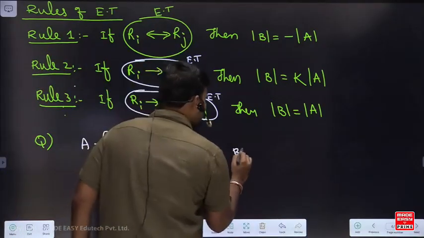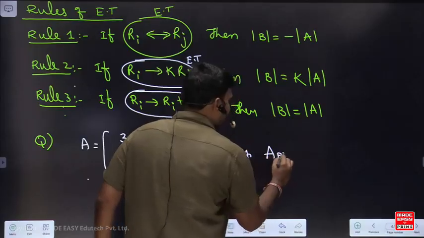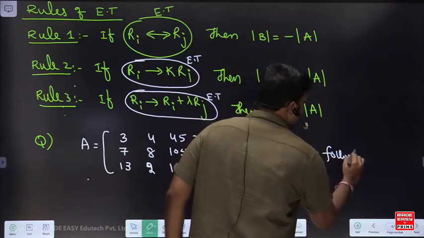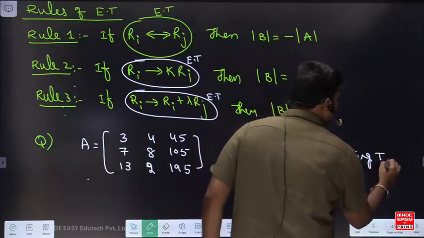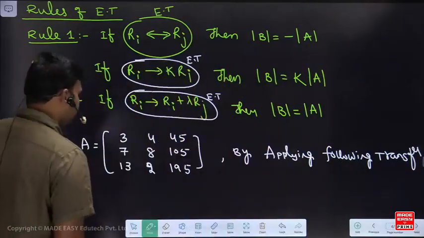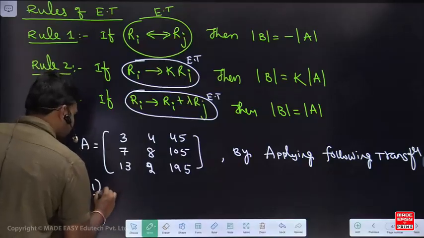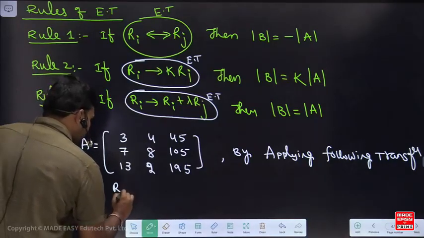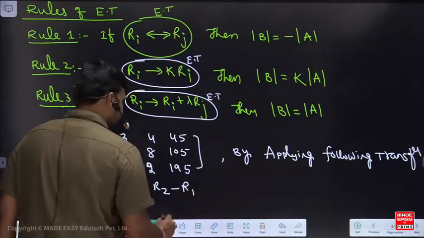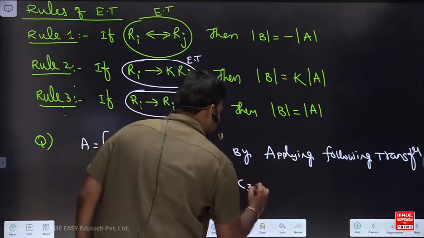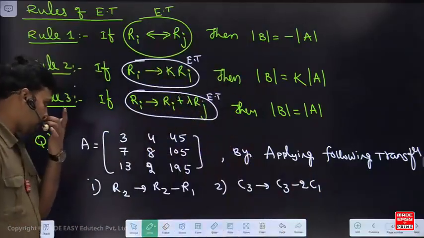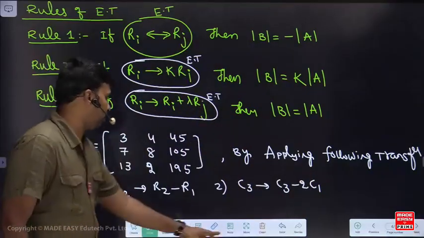By applying the following transformations: first one is R2 to R2 minus R1, and second one is C3 to C3 minus 2C1.